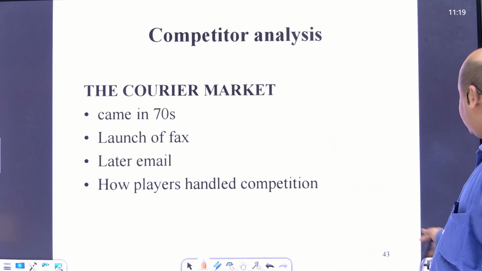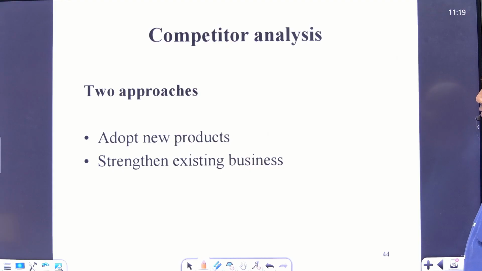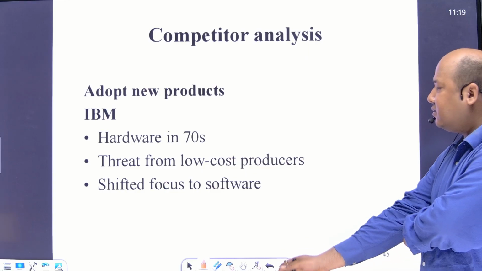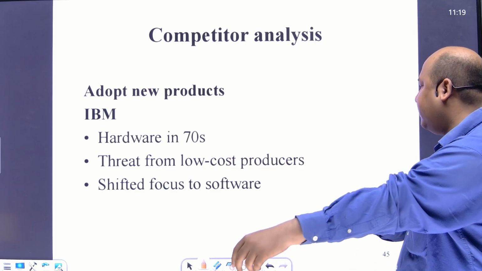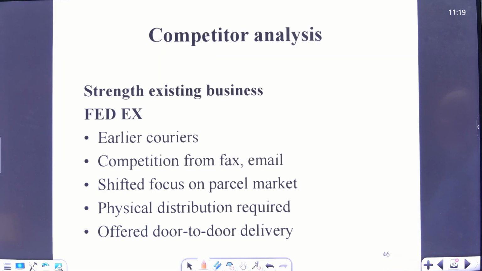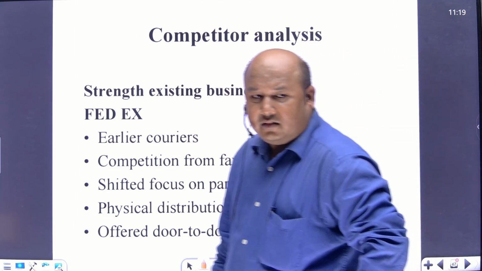How do players handle competition? Adopt a new approach, or strengthen the existing business. Adopting a new approach: IBM hardware in the 70s, under threat from low-cost computers, shifted its focus to software. FedEx, earlier a courier service threatened by fax and email, shifted its focus to the parcel market, where physical distribution is required for door-to-door delivery. FedEx is now one of the market leaders.